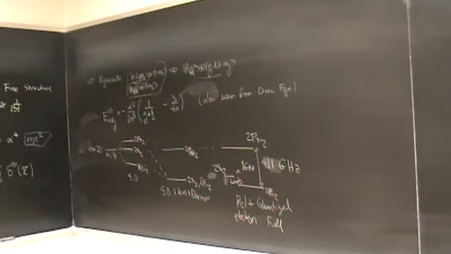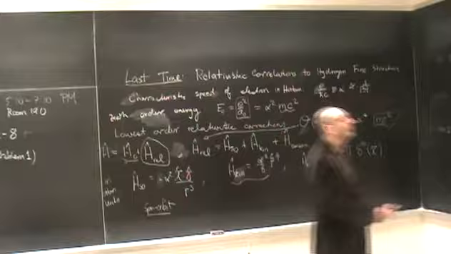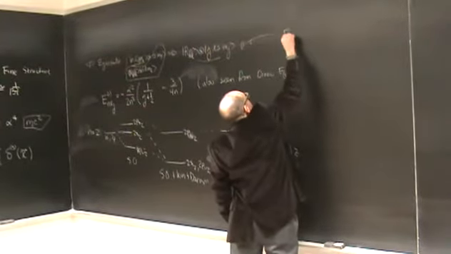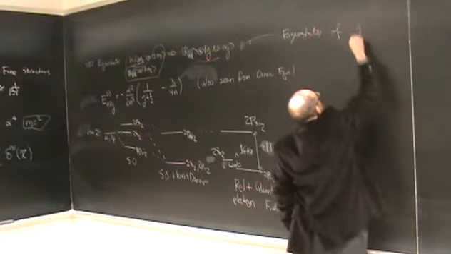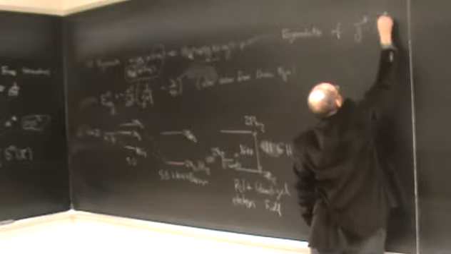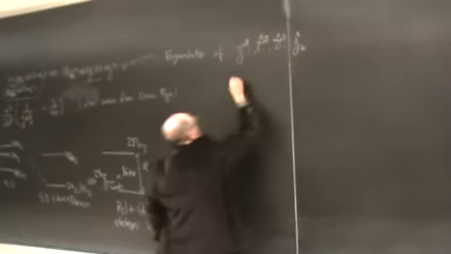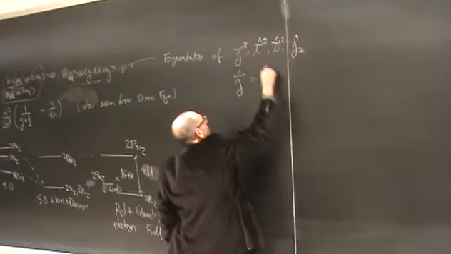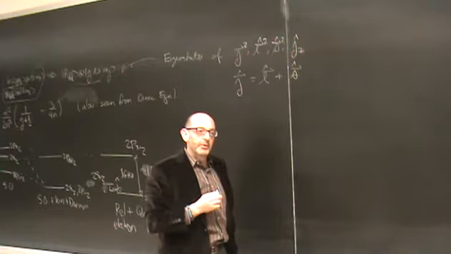This Hamiltonian, on the other hand, couples L and S. And what we did in that case is we noted that these guys are eigenstates of J squared, L squared, S squared, and JZ, where J is the total angular momentum of the electron, spin plus orbital.